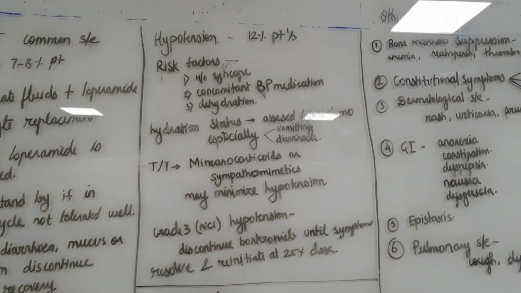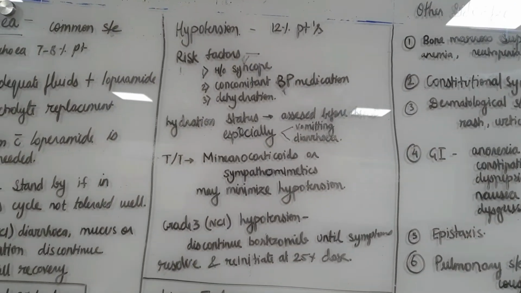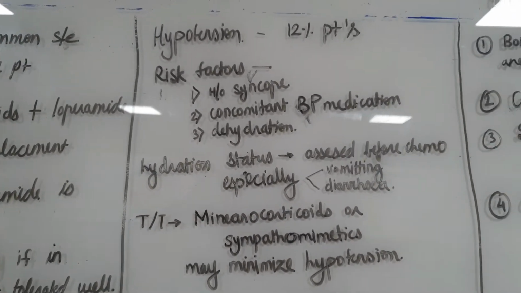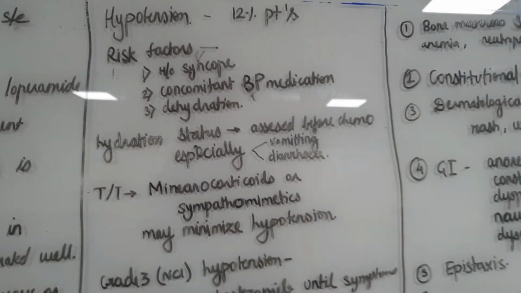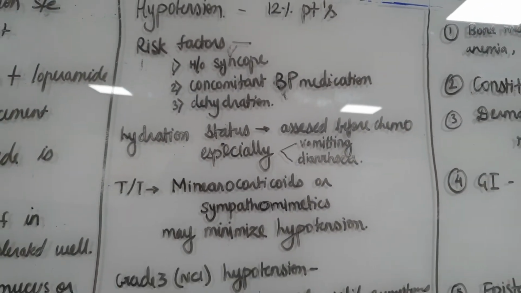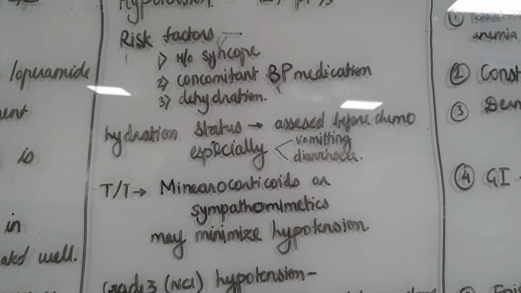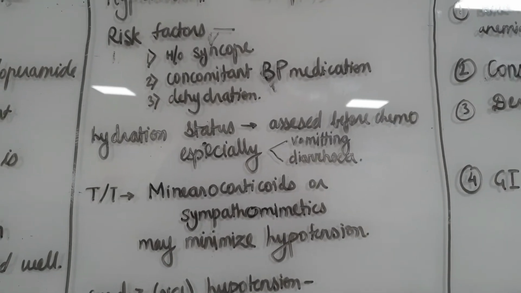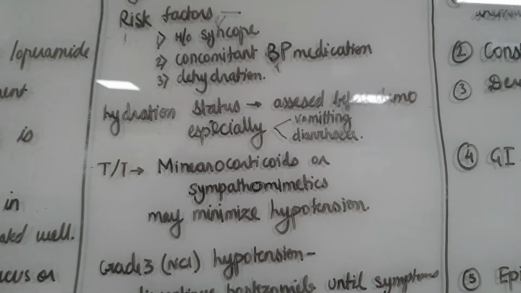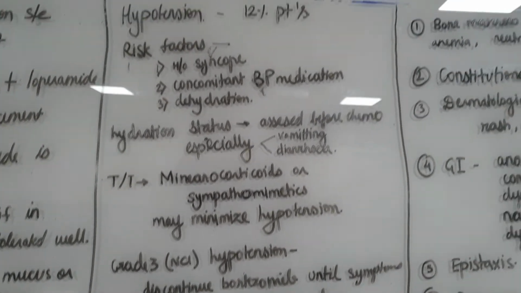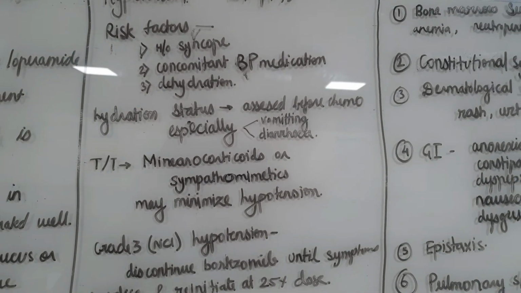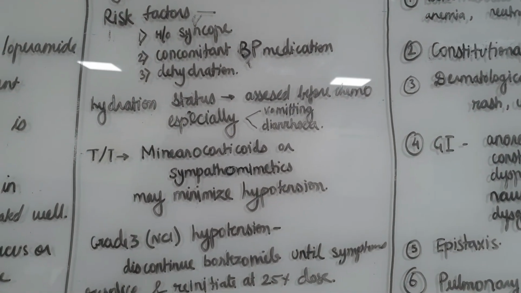Coming to the other side effect, that is hypotension. Almost 12% of patients develop this symptom, and the risk factors generally seen are any previous history of syncope, any concomitant BP medication, and any previous dehydration. So before giving bortezomib, we must check the hydration status of the patient, especially if the patient has vomiting or diarrhea.